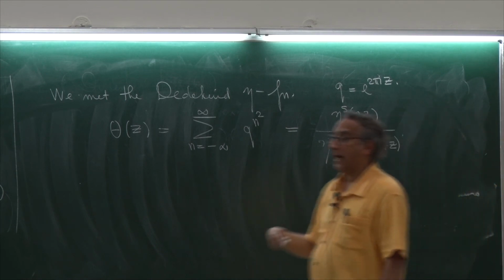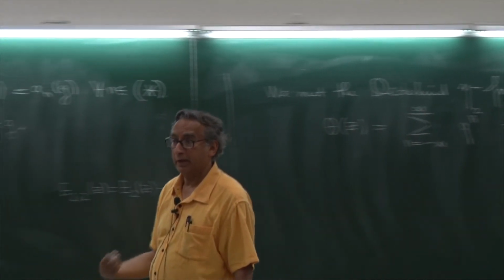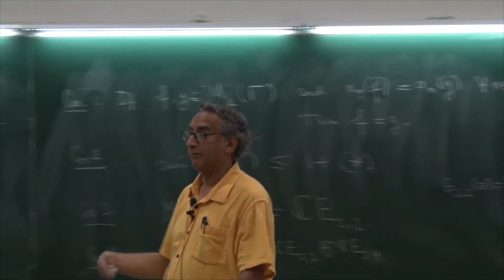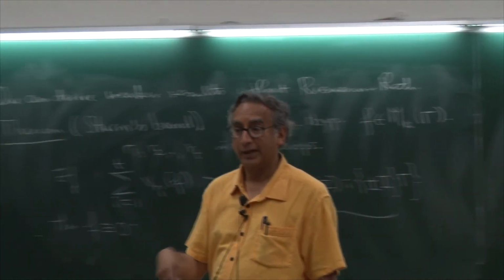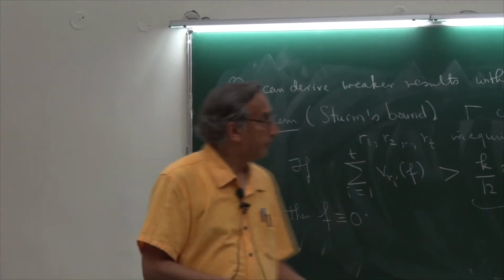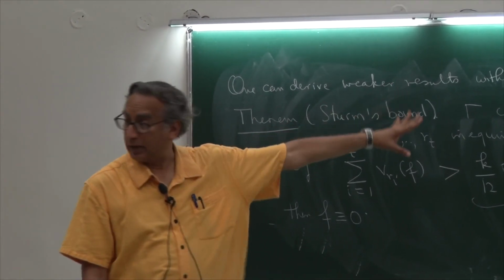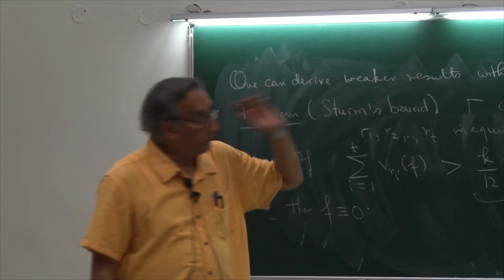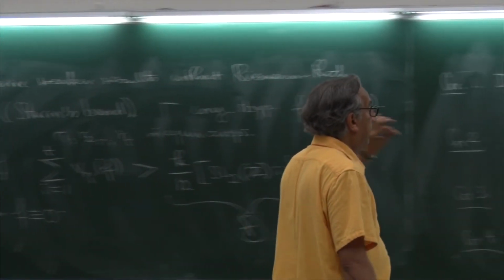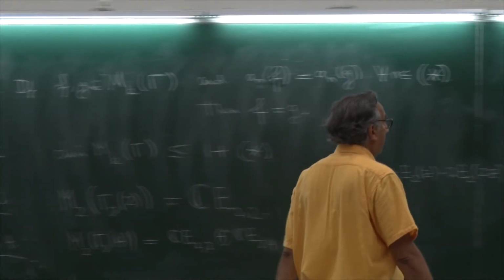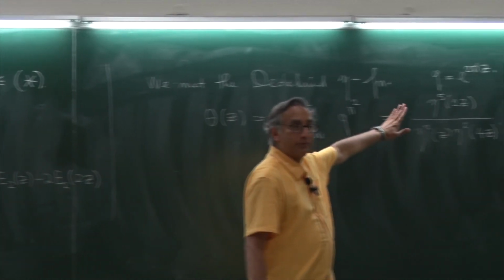So you go back, look at your first lecture, and you will see products of 1 minus q to the n floating around. And when you change your variables and put q equals e to the 2 pi i z, you'll find that this is actually what you proved. You've written your theta function as a quotient of eta functions.